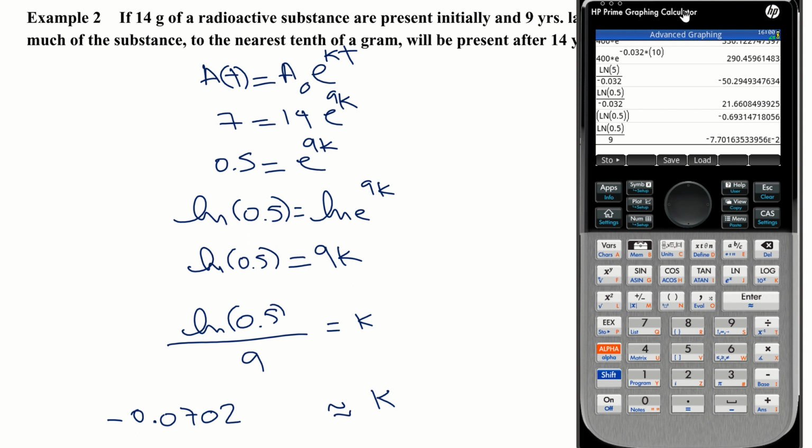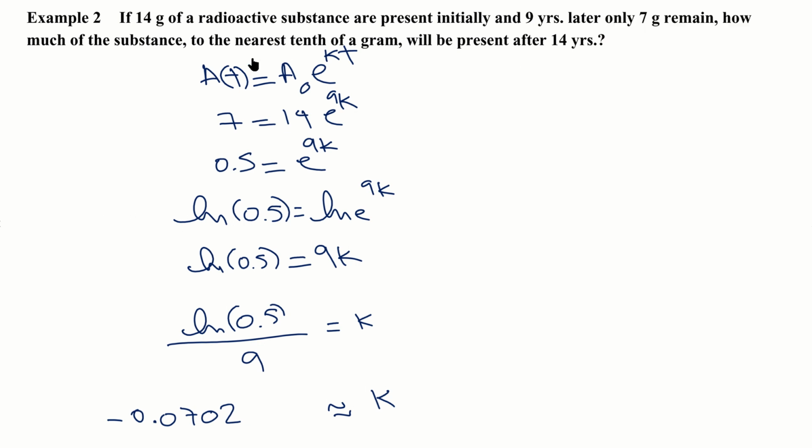So now all we have to do is answer the second part of the question. It says, to the nearest tenth of a gram, how much will be present after 14 years? So now all you want is A of 14, because you have K, so it's easy.